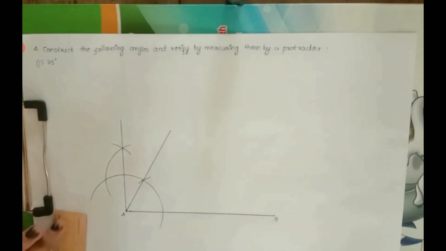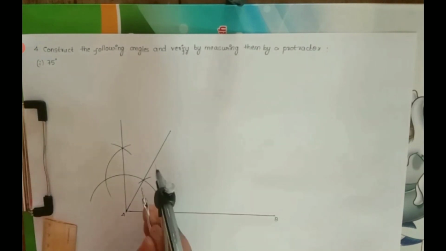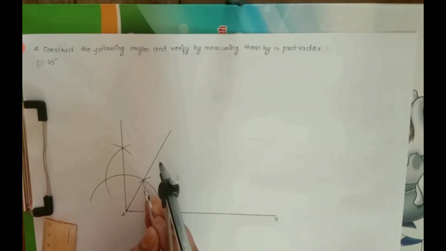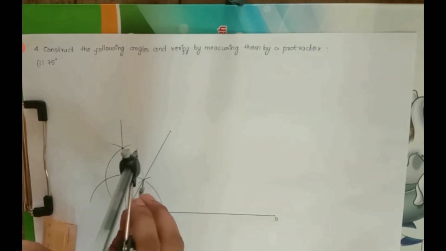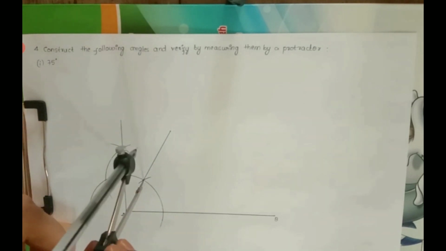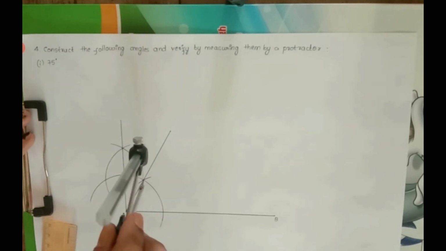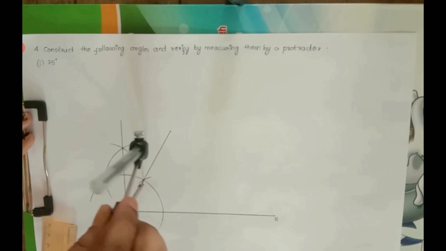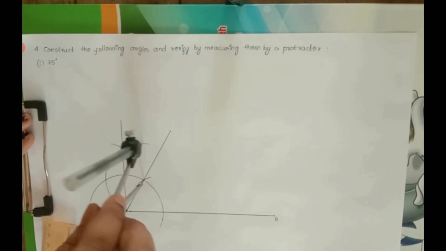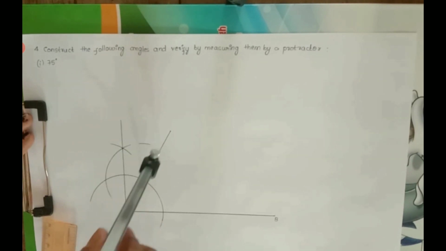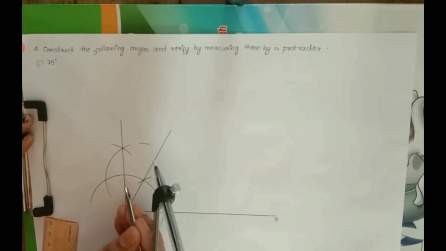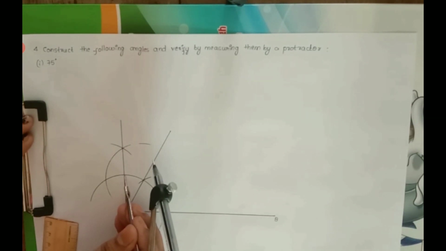You got 90-degree angle and also 60-degree angle, and in between 90-degree and 60-degree, here you got 30-degree. Bisect this angle 30-degree. Take more than half, or without changing the radius you can draw. Draw one arc here. Again with this as a center, cut the previous arc.